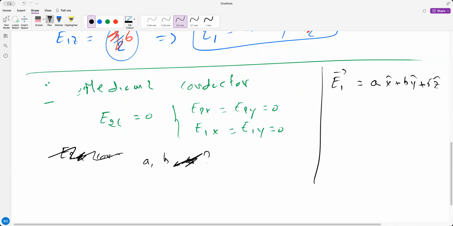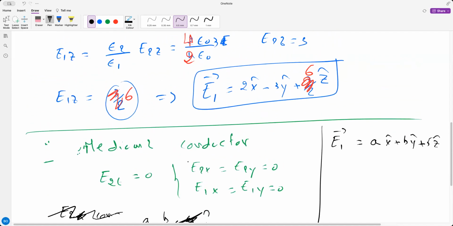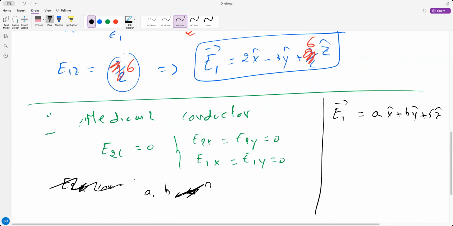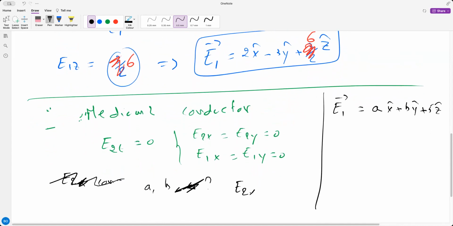There is no C. So it is clear that if medium 2 is a conductor, E2x must be equal to E1x, but we know that it's a conductor, so it's equal to 0. And E2y must be equal to E1y, but E2y is 0 because it's a conductor.